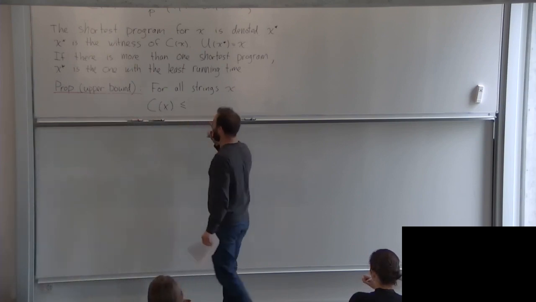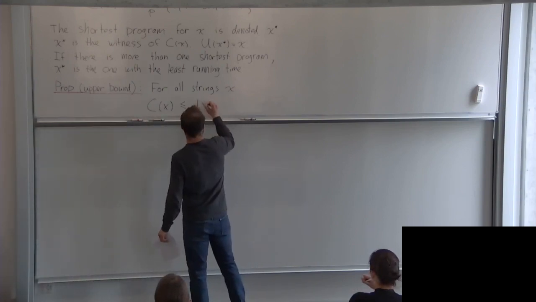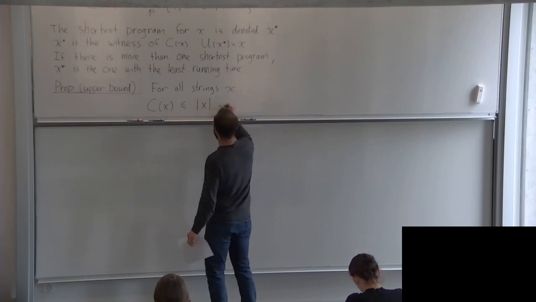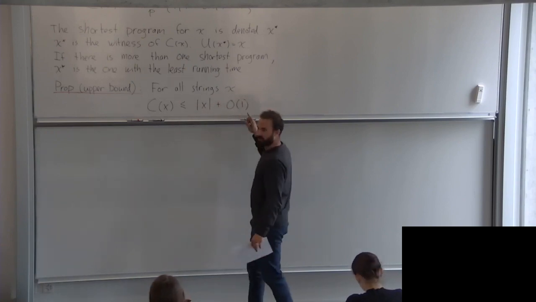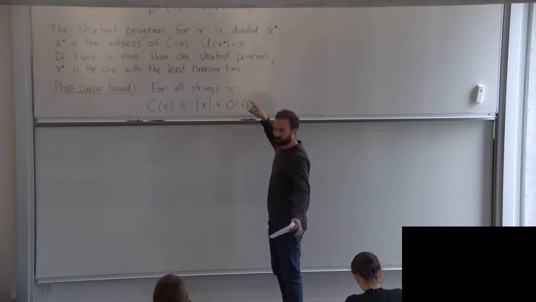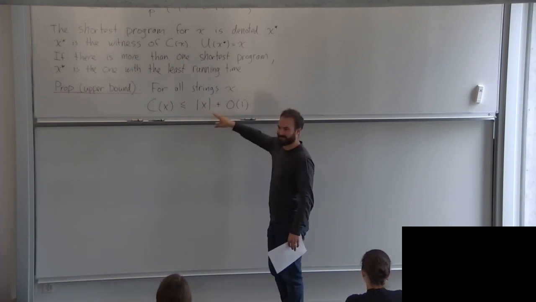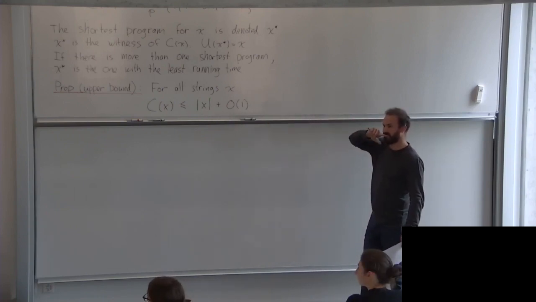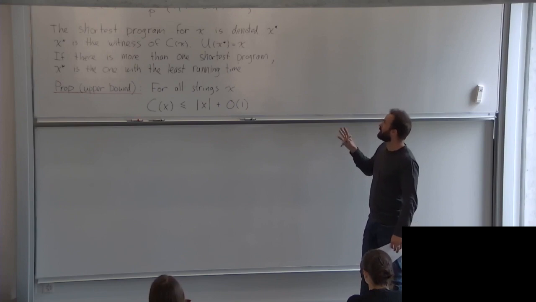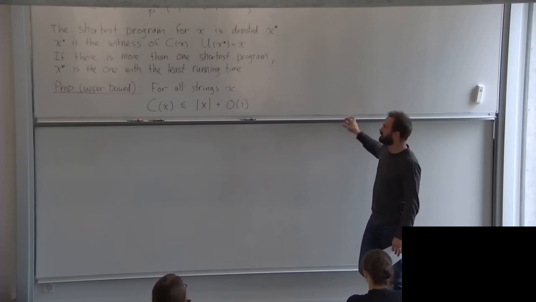Great, you have the right mindset. Length of x plus something. It's a constant. I'll just put plus O of 1. Because this is the print, and this is the x. Well, it depends on how you implement the print function. For example, if I have to take a little overhead for each bit, I would say big O of the length of x. We're going to make our definitions work for us in the actual proof.